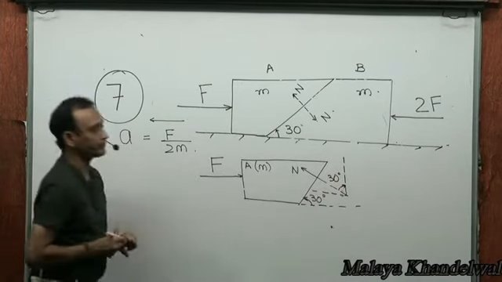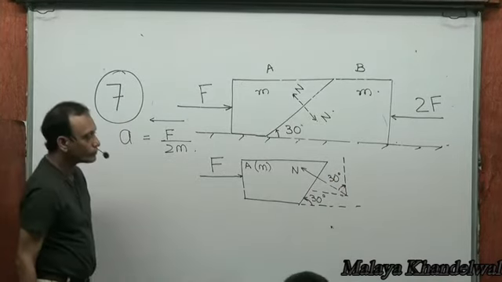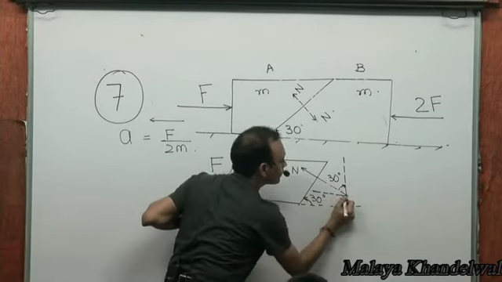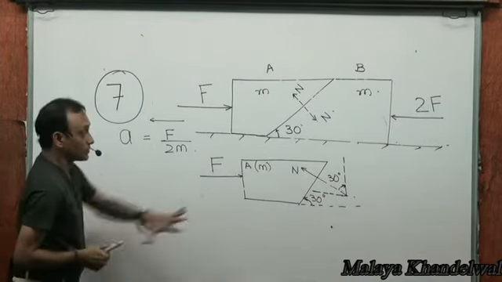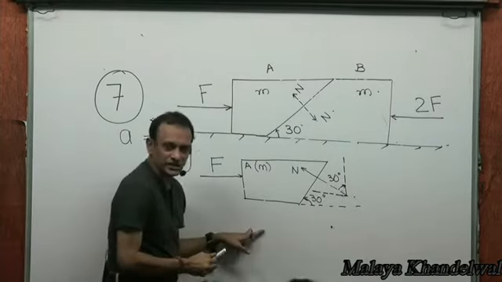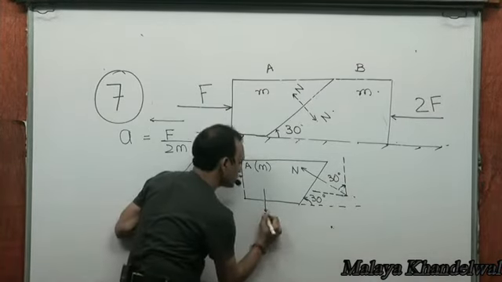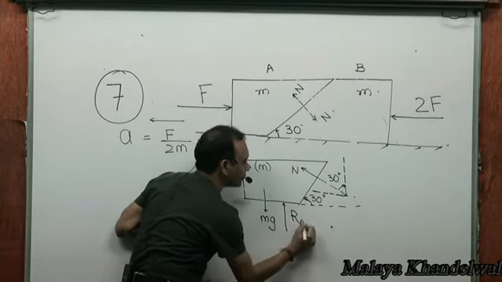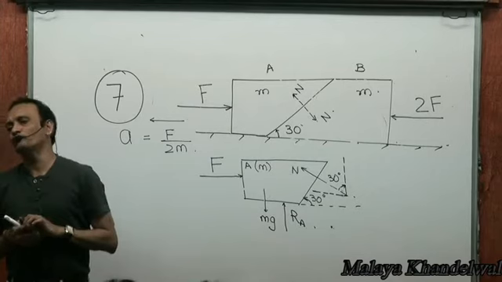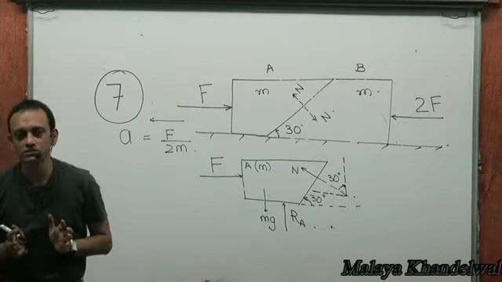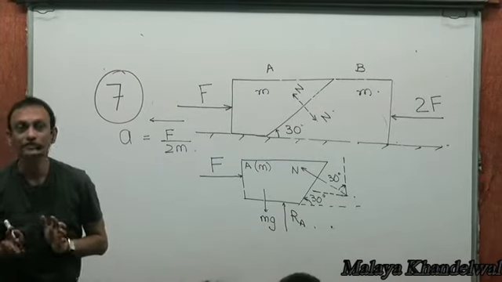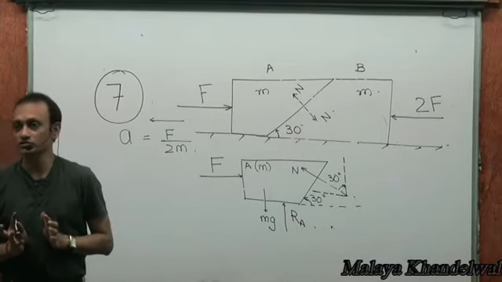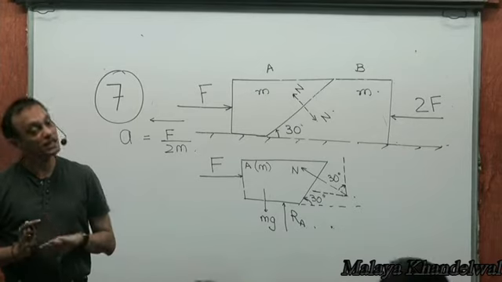Right. Now, look, there is of course mg acting downwards. There is normal reaction Ra acting upwards. Does this summarize all forces acting on this block? All forces. Acceleration is not a force, it's an effect.